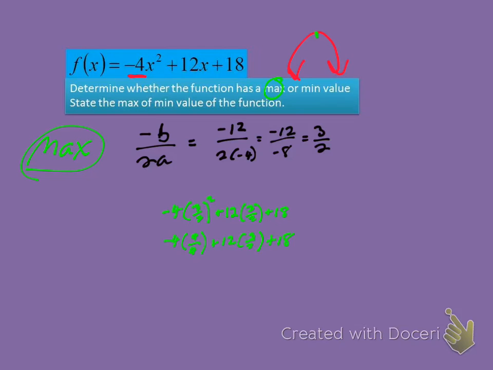Someone check my math here in a little bit. -9, let's see, what's that? 3 halves, so 6, so plus 18 plus 18. So what is it, 27? Is that right? So clean it up a little bit. Max is 27.